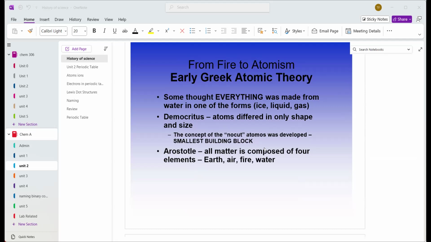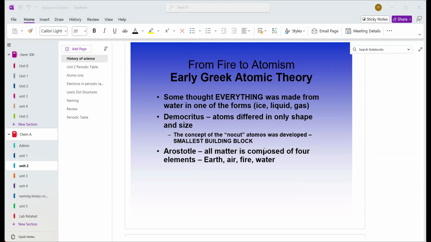I get to the point where it's no longer an apple. Democritus called it no cut. In other words, no more cutting it and it remaining an apple. And he called it atomos. And that's where the word atom comes from.